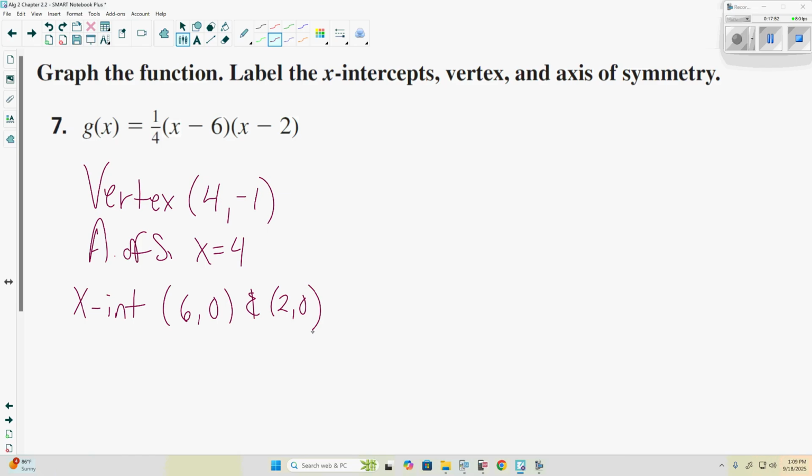So 2 times negative 2 would be negative 4. Negative 4 times 1/4 is negative 1. And we have our other parts. And I believe that's the last problem, isn't it?